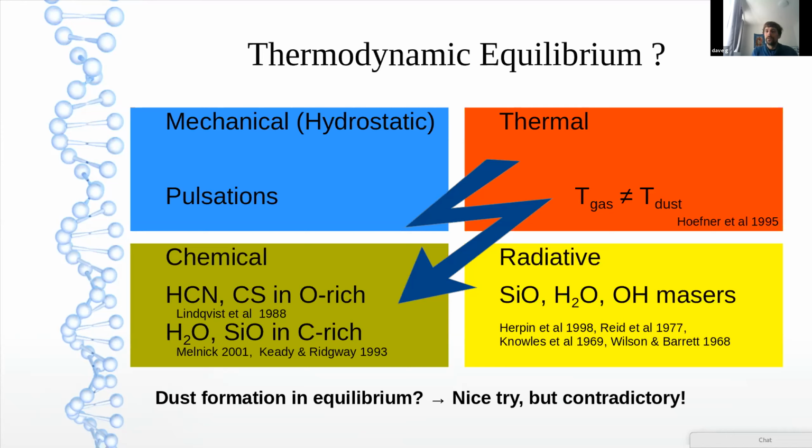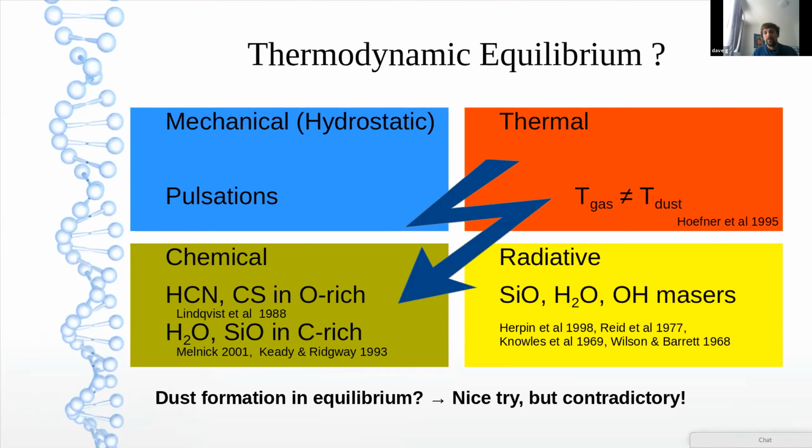In the radiative case, we see the emission of masers, which clearly shows departures from radiative equilibrium. So dust formation in equilibrium is a nice try, but it's contradictory, because you try to form something out of equilibrium, which, at least in my opinion, is contradictory.